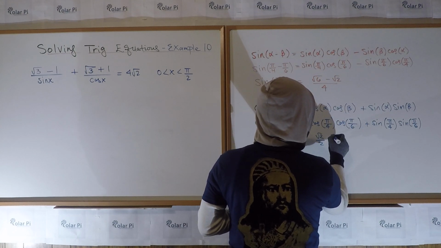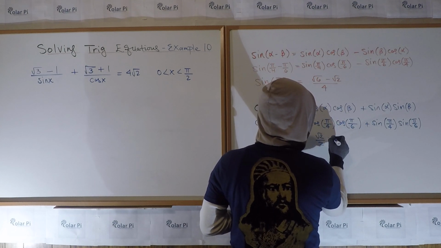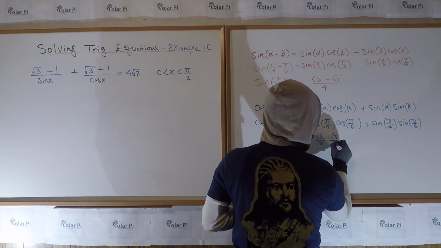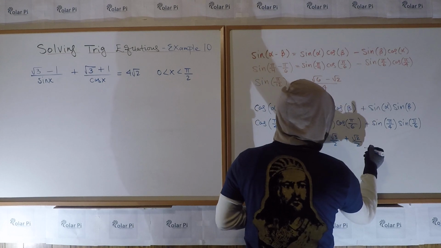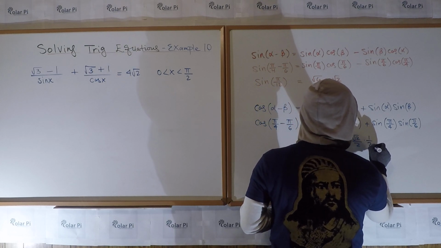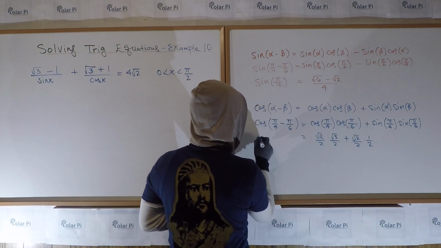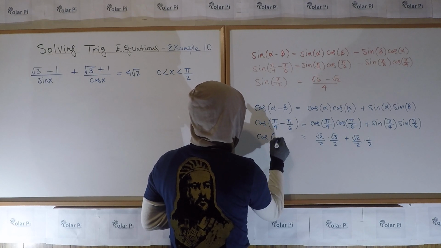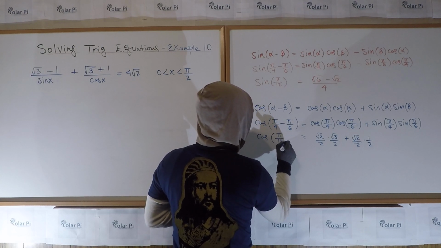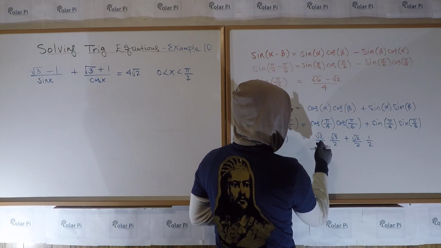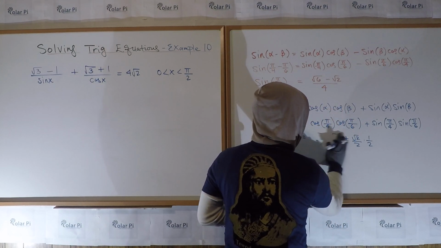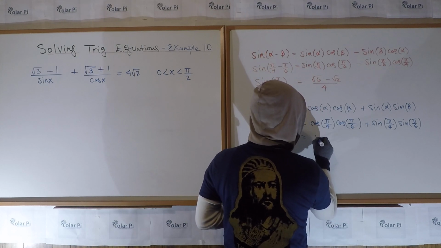What was cosine of pi over 6? It was root 3 over 2. And then we have plus root 2 over 2 for sine of pi over 4, and sine pi over 6 is 1/2. And what does this simplify to? And this is cosine of pi over 12, as a gentle reminder. This is root 6 over 4 plus root 2 over 4, and therefore root 6 plus root 2 all over 4.